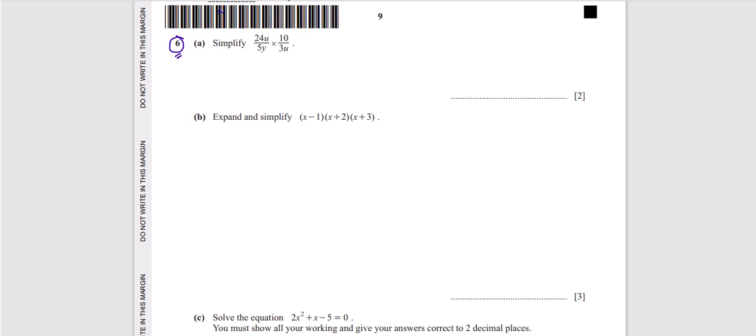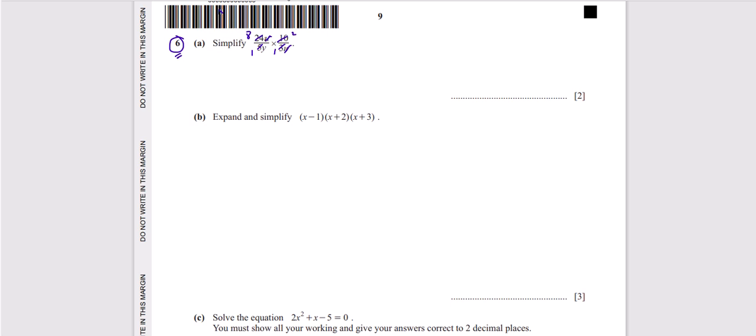Question number 6. Simplify 24u divided by 5y, multiplied by 10 over 3u. In this expression, u cancels with u. 5 ones are 5, 5 twos are 10. 3 ones are 3, 3 eights are 24.